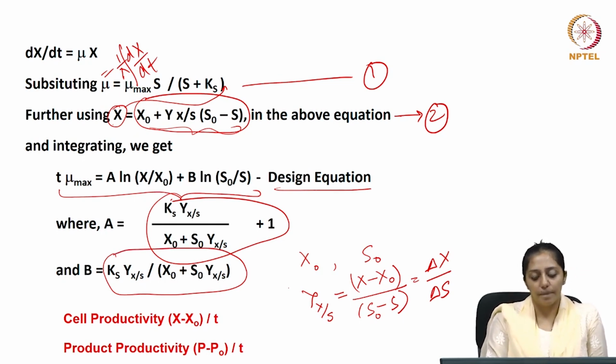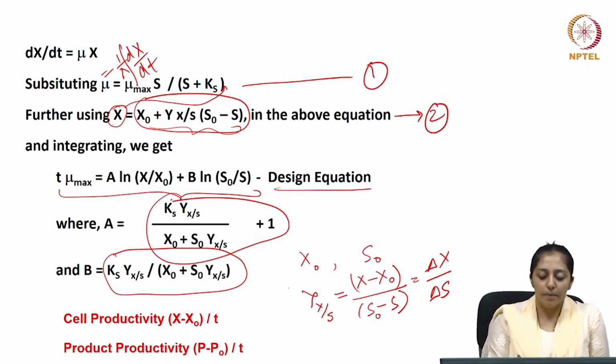on the slide. What will be the cell productivity? The cell biomass productivity can be determined as, now this is volumetric productivity. So, how is it defined? The cell productivity would be the cell concentration achieved per unit time.